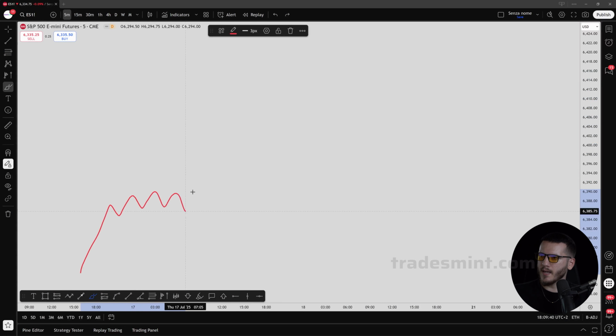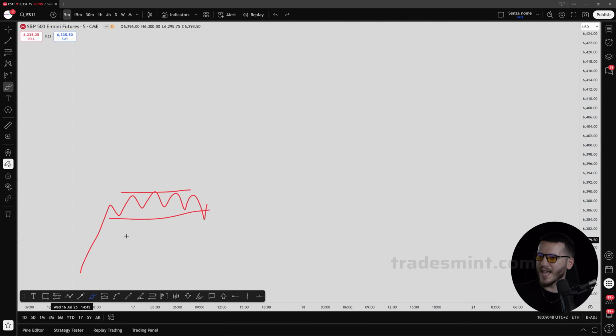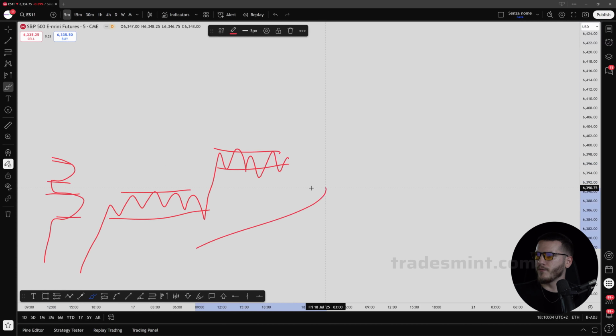Now let's summarize what we've understood. We've understood that money flows in ranges. We're not going to read market structure as a series of highs and lows, but as highs and lows and where the volume is flowing. So where are the ranges actually going? Volume goes high as price goes high, and the value areas are following the price.